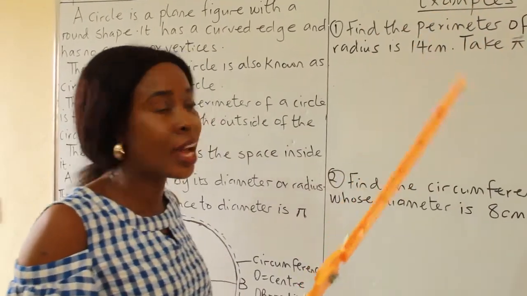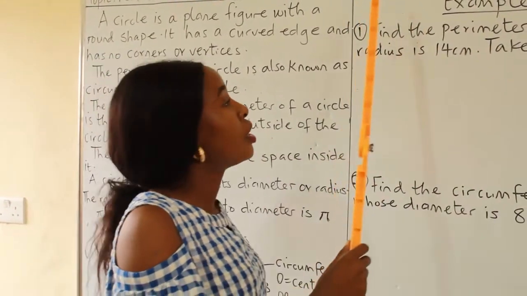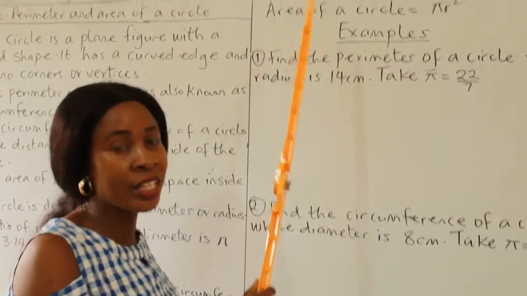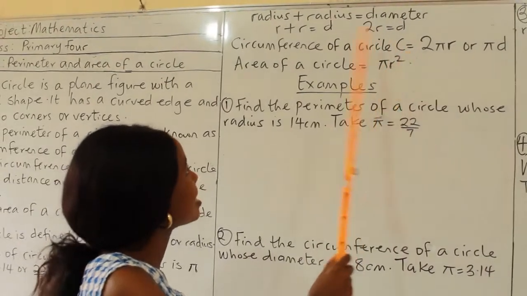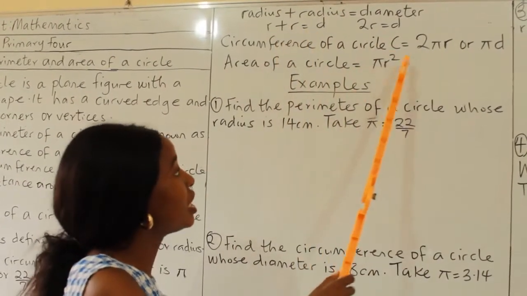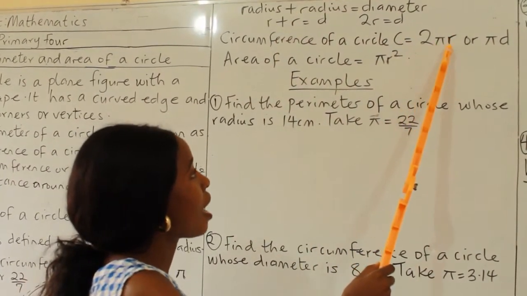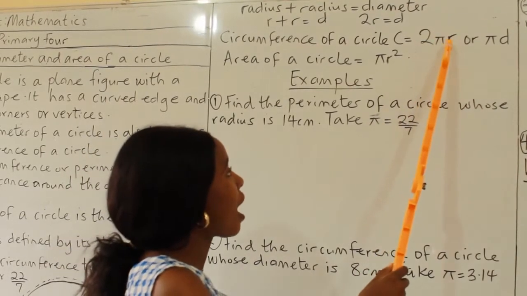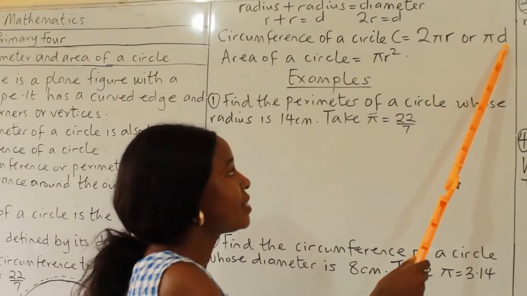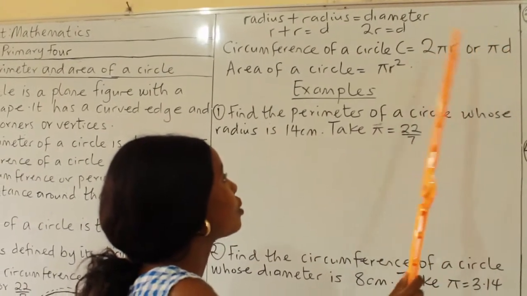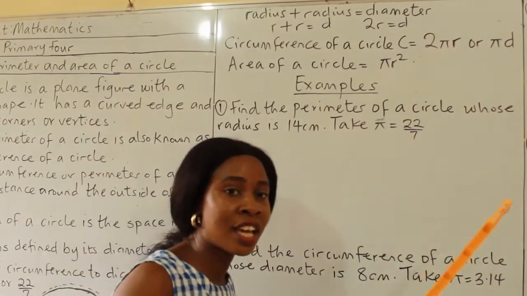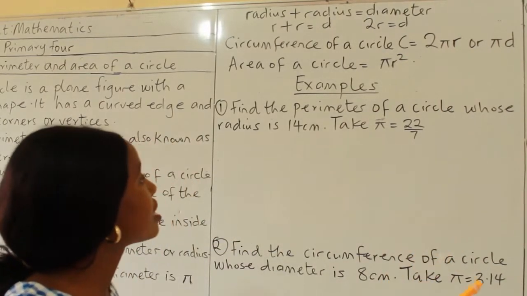Now the formula for calculating the circumference of a circle, C, where we use C to represent circumference or perimeter of the circle, is 2 pi r or pi d. You can use any of these formulas to calculate the circumference or perimeter of a circle.